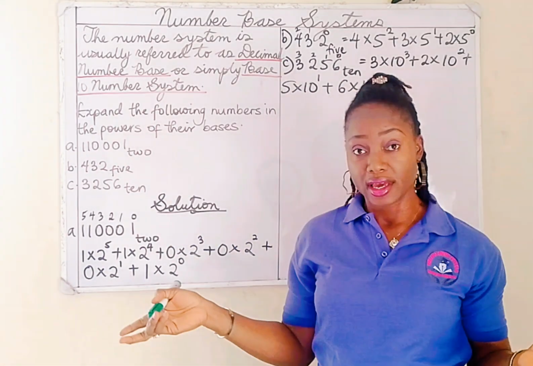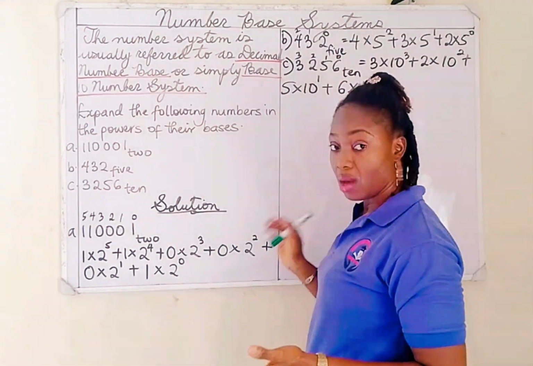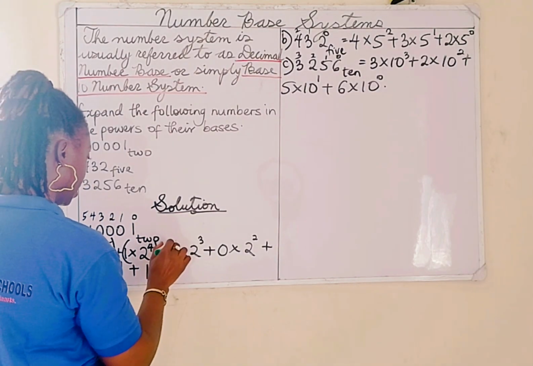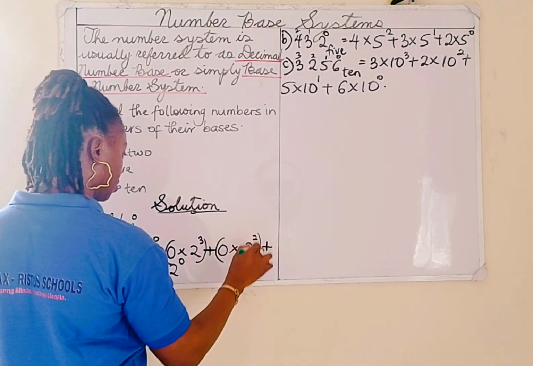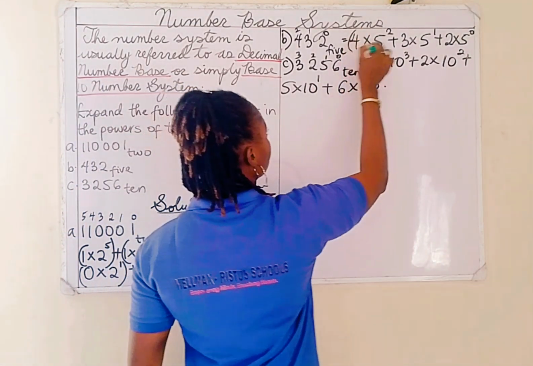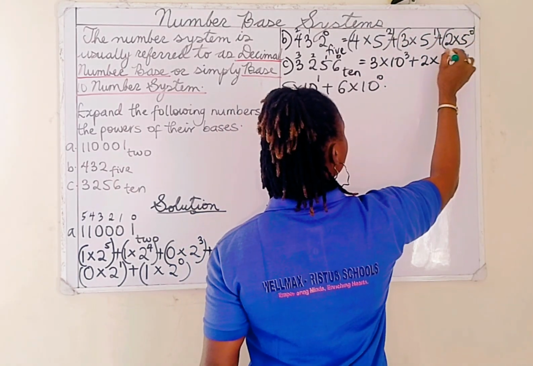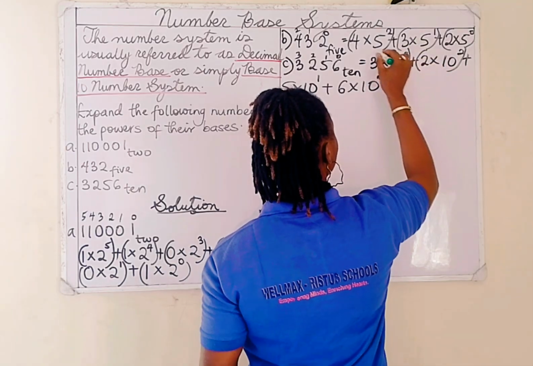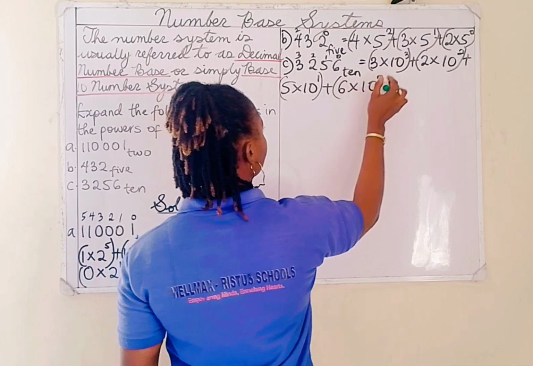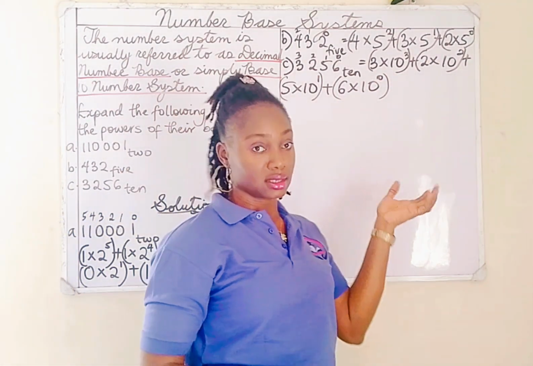Okay, so we're going to have other examples to help us understand more about number bases. From here we can just group everything together into brackets for clarity's sake, so it makes it easy for you to calculate it further.